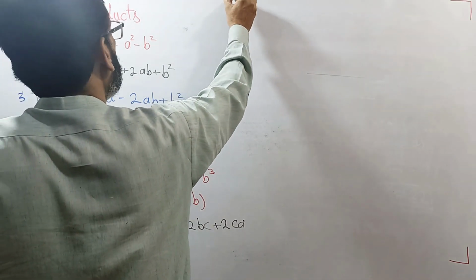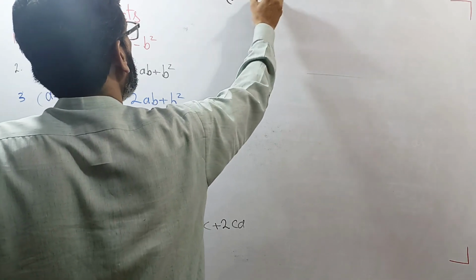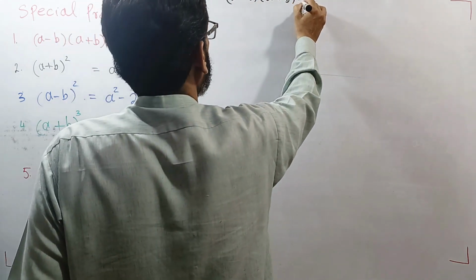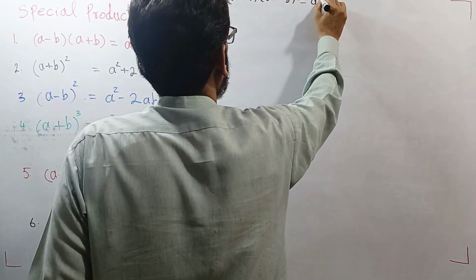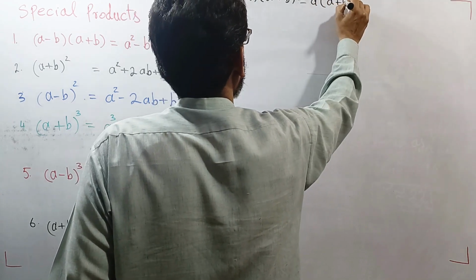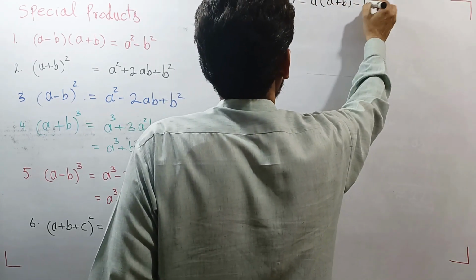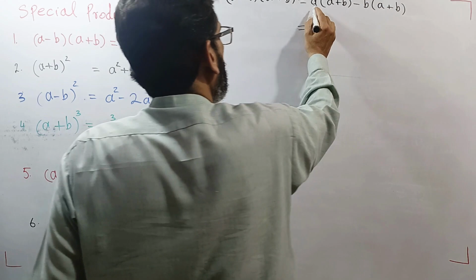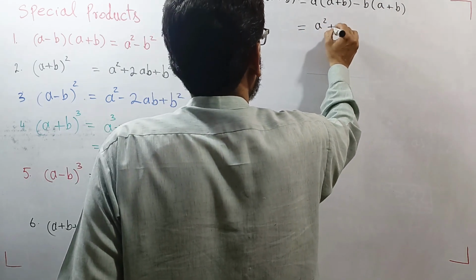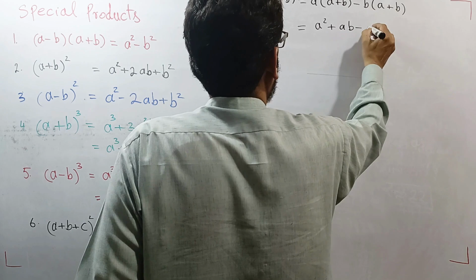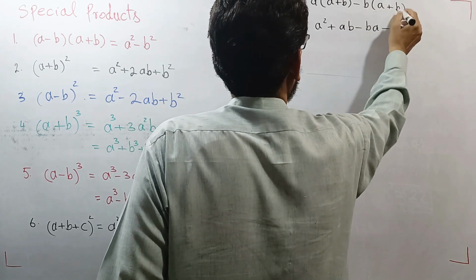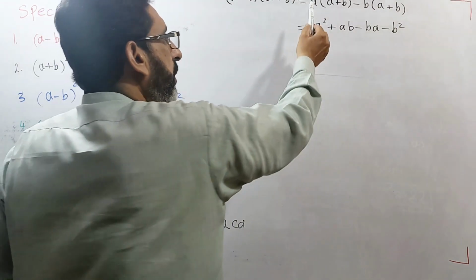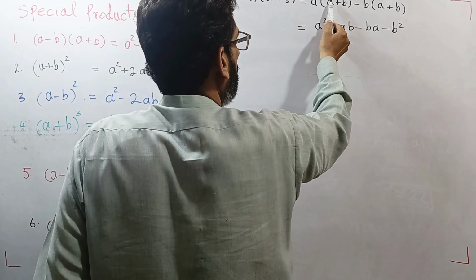Our first formula is (a − b)(a + b). We just multiply these two expressions. We multiply a with a + b, and now we multiply −b with a + b. a·a is a², plus ab, minus ba, minus b·b is b². Here the power of a is 1 and the power of a is 1.